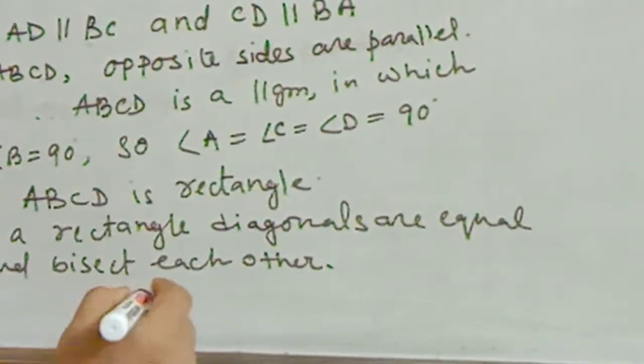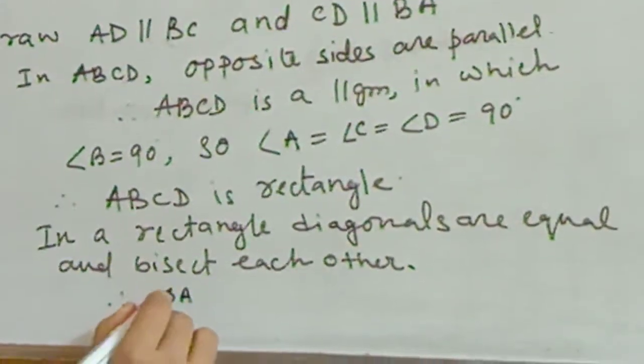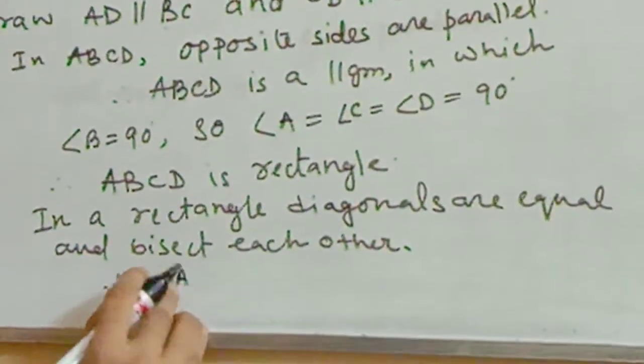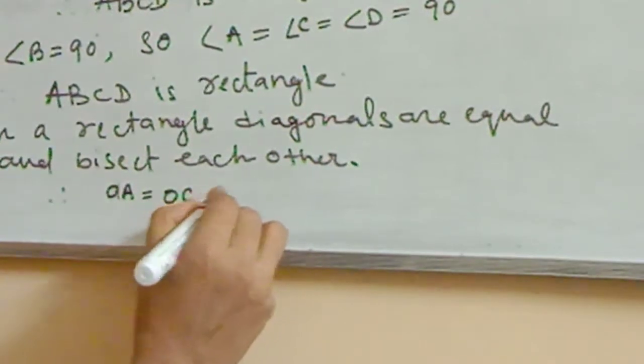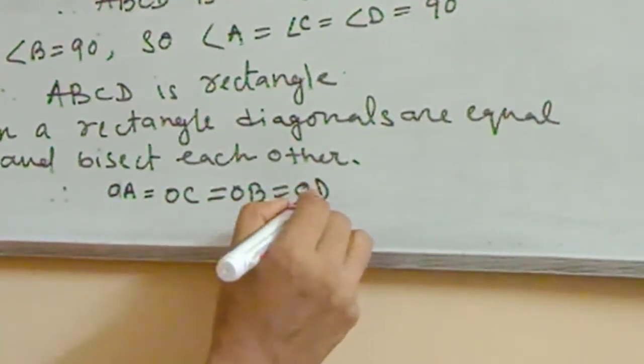Therefore we can say that OA is equal to OC is equal to OB is equal to OD.